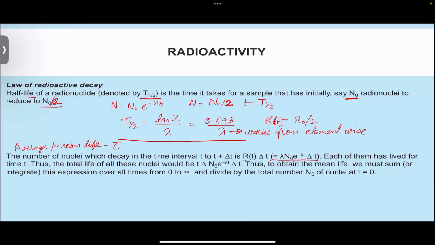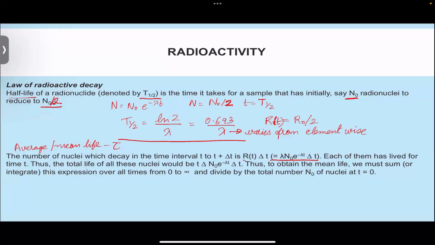Each nucleus lives only for the time t. Some nuclei may live for a shorter time while others live longer, as we said it varies from element to element.